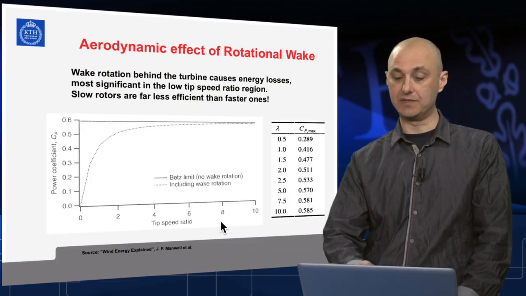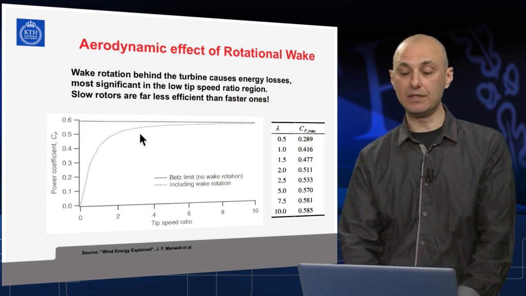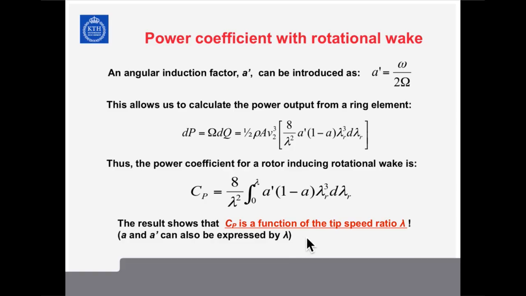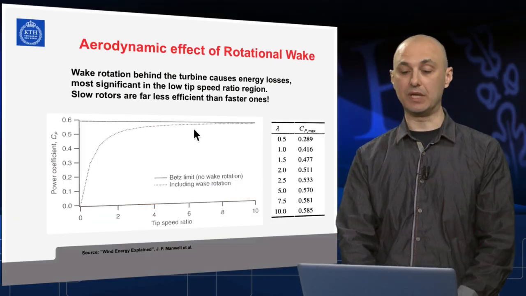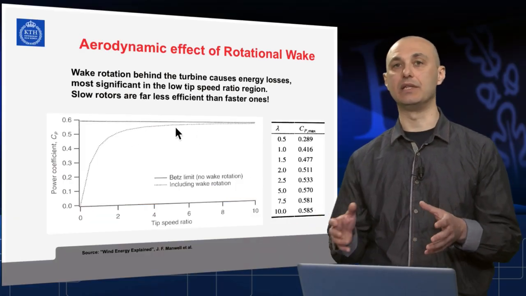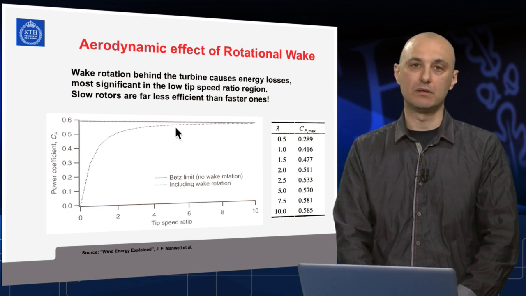The result of this is that real turbines, no matter how good they are or how high lift forces they can develop, can never reach the best performance of the Betz limit, which was defined for the best-case, ideal scenario when there are no losses. The rotational wake and the turbulence that it exerts actually are losses.